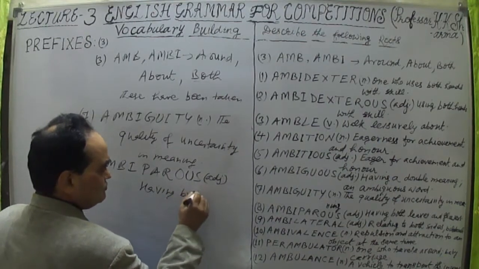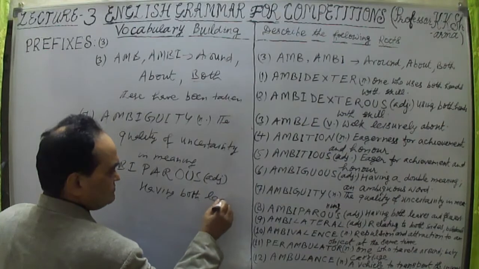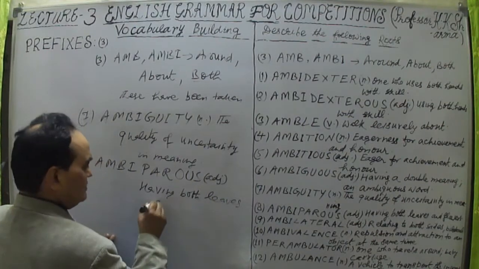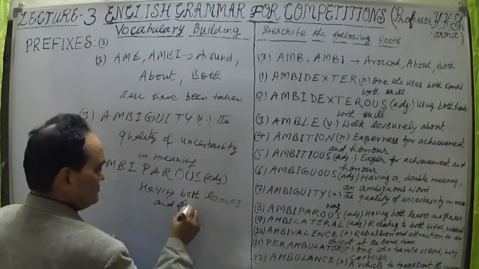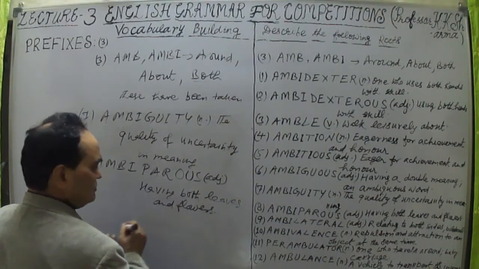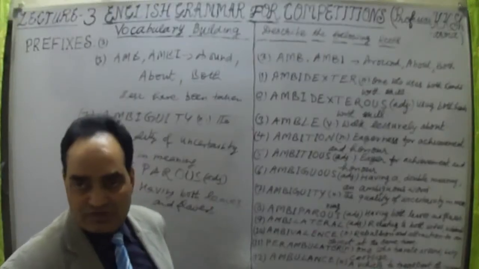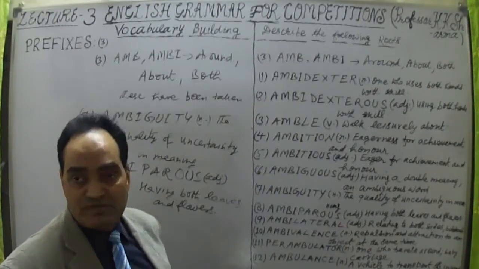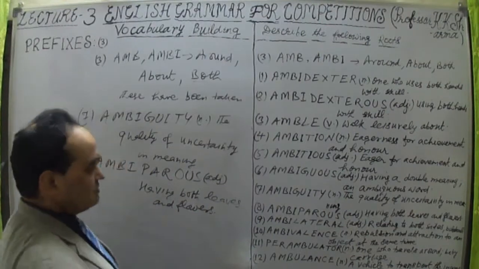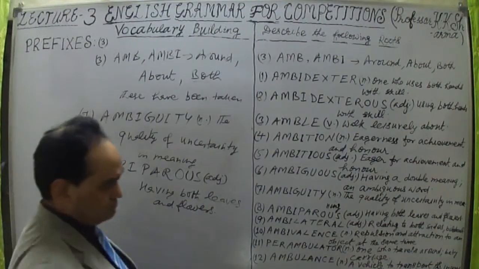Having both, so this is an adjective. Having both leaves and flowers. This is regarding plants. In botany, the science of plants, you can study the ambiguous plant. Okay, so this is the eighth word, ambiguous.